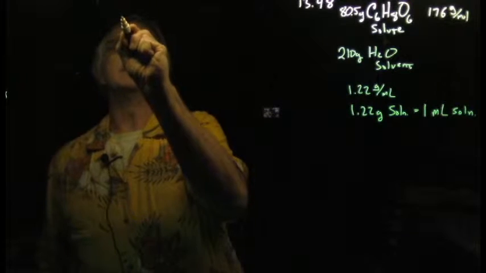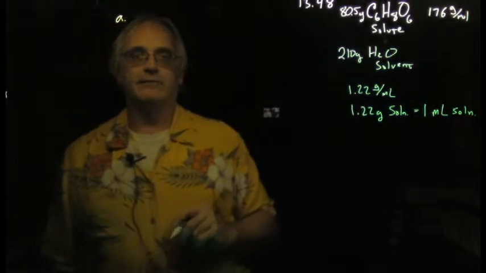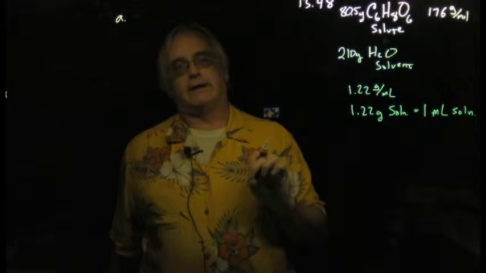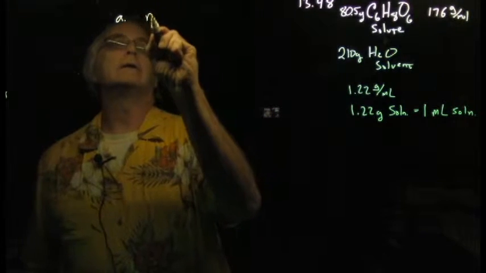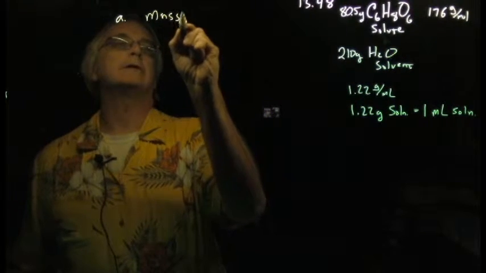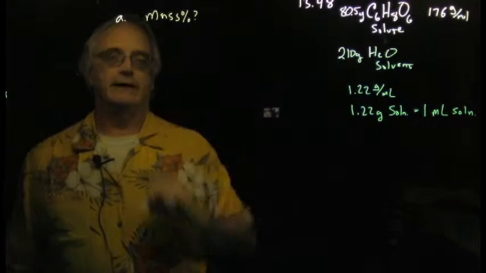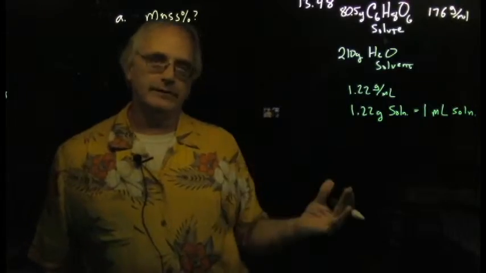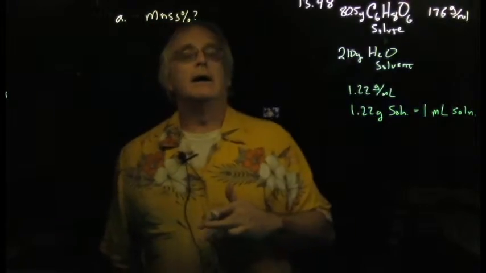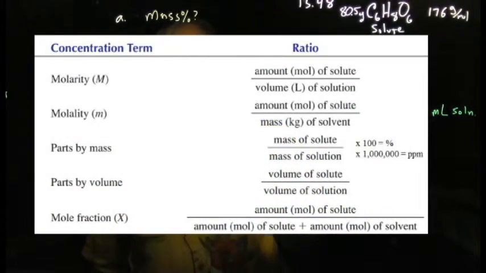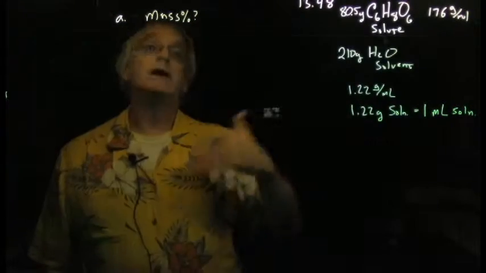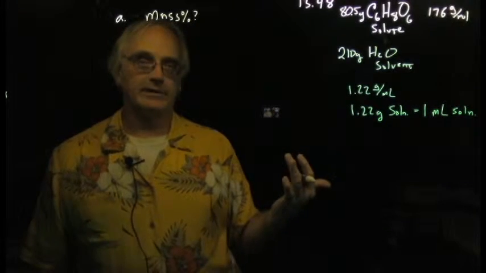The first part of this they want us to get is a mass percent. What is the mass percentage of this solution? That's what they're after. And so we have to remember our definitions of all the different solution concentration units that we encounter. A mass percentage is simply the mass fraction times 100%.